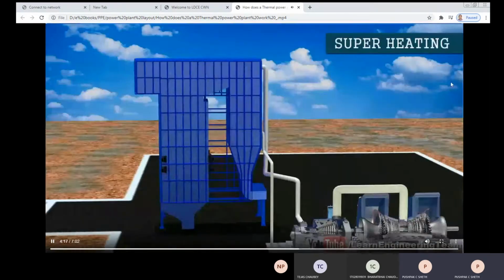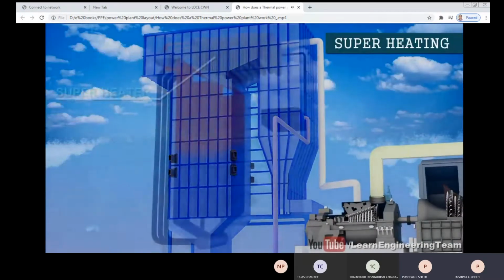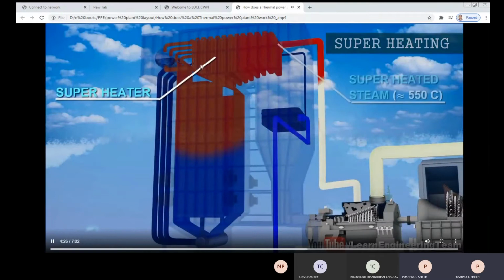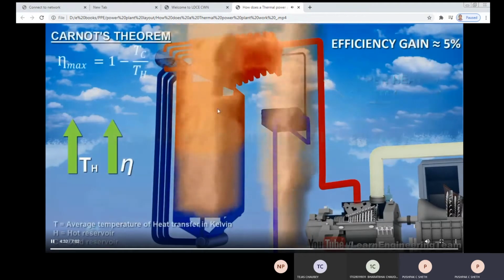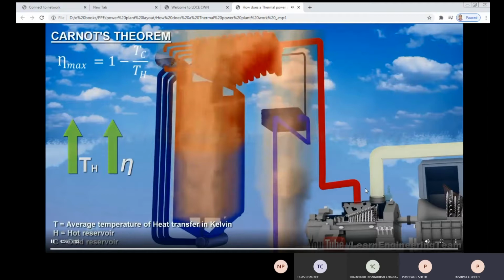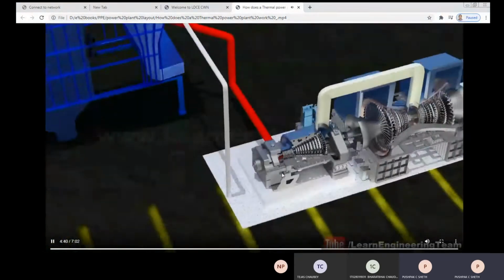See, superheating is there, so you can see the superheater in the figure. Steam is passing through this superheater, and the dry saturated steam is converted into superheated steam by these exhaust gases first. And that superheated steam is entering the high pressure turbine, the HP turbine.